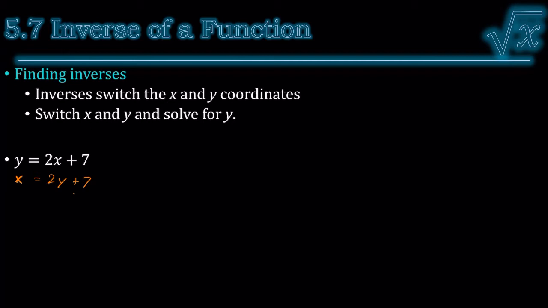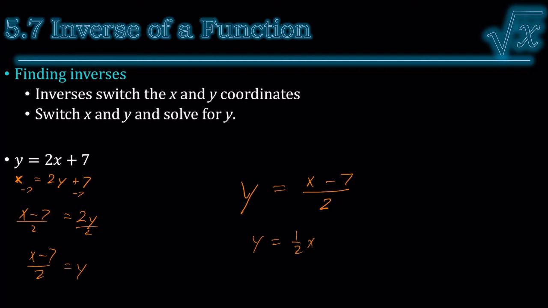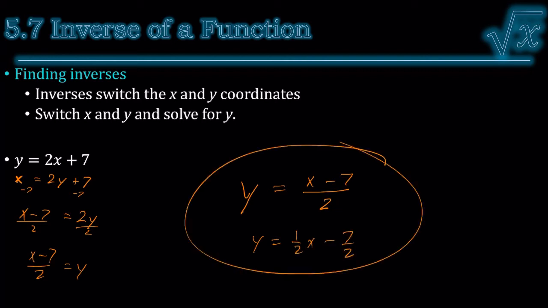So we could subtract the 7, divide by 2. Of course, we usually write this y equals x minus 7 divided by 2. Or if you'd like, you could write it as 1/2 x minus 7/2. Either way.